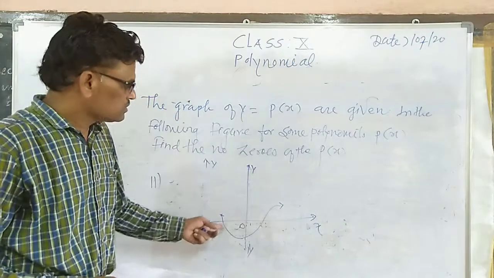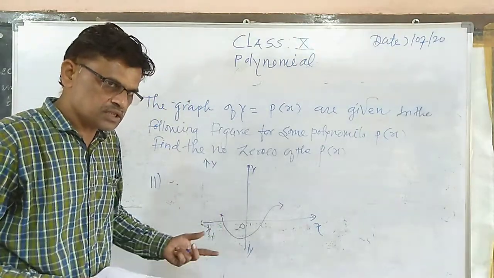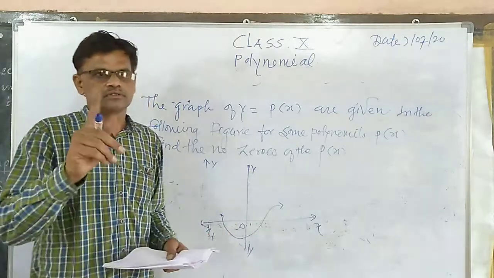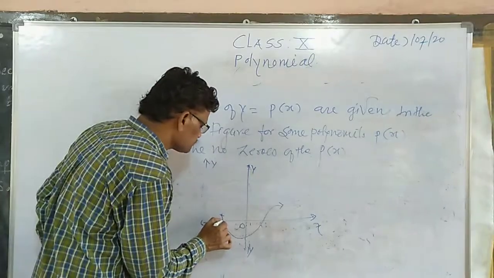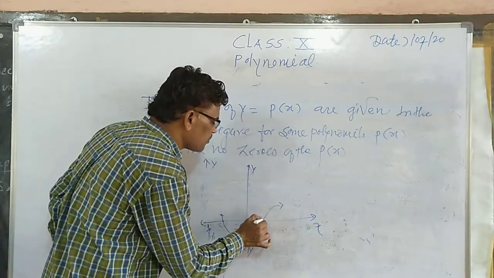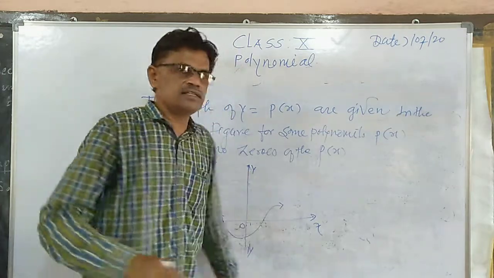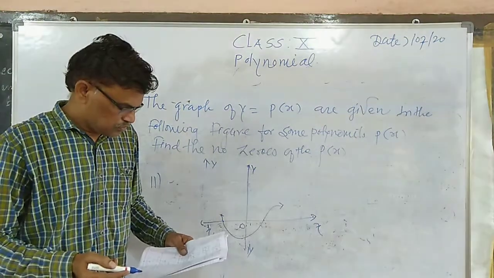Therefore, how many zeros are there? Observe this figure: obviously 2. Why? Because this line of the polynomial intersects the x-axis at 2 points.